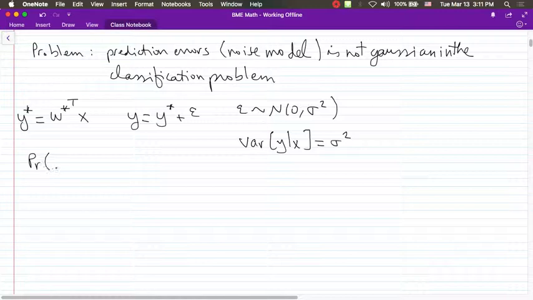So in classification, you have some probability of some class. Say the probability that C is equal to 1 given X is theta. And so the probability of the other class is 1 minus theta.